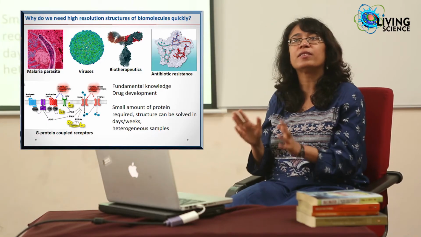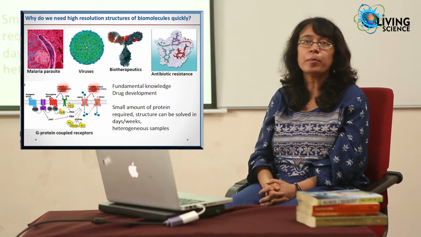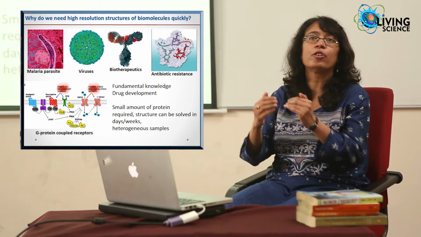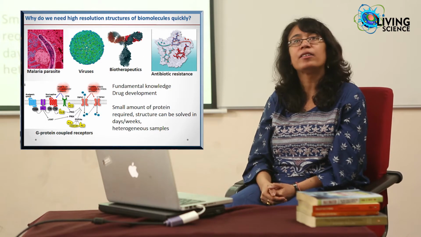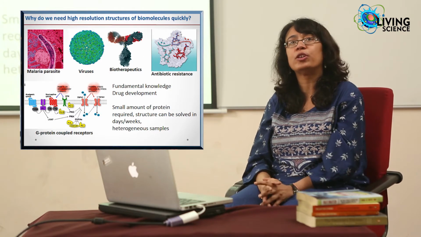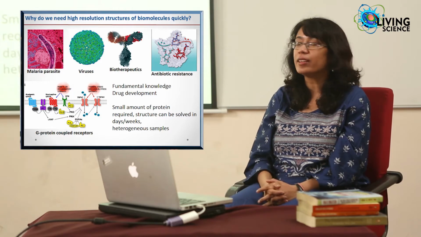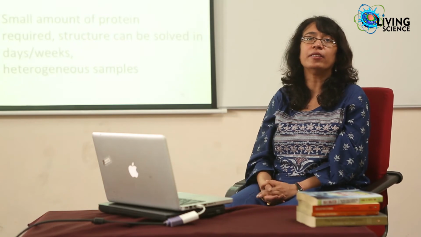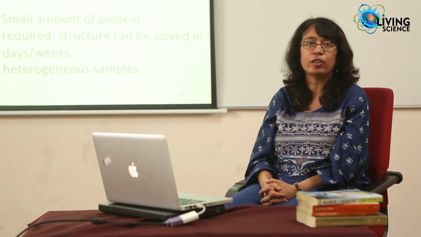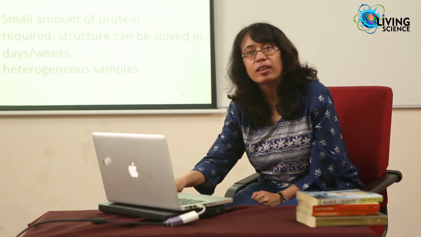So given all of these advantages, and the requirement for understanding biological processes by looking at high-resolution structures of macromolecules for drug development needs, I think this technique is here to stay, and with the improvements in the very high-resolution methods that are available, this is going to become a primary technique in drug development and in structure-function studies in future. So with this, I'll end, and thank you very much for your attention.